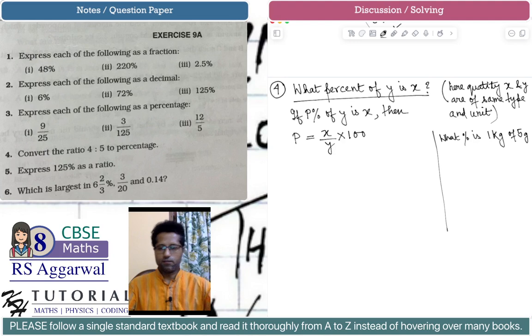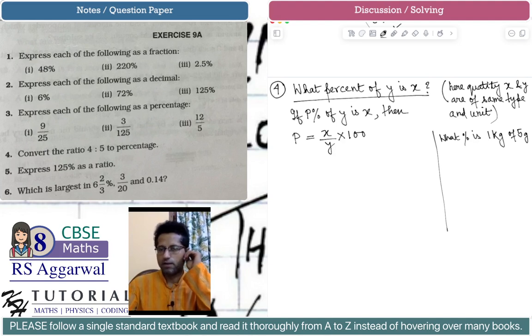Now the quantities 1 kg and 5 gram are of the same type, that is weight, but the units are different. So it could be that y and x are of the same type, but the units are given in different units.